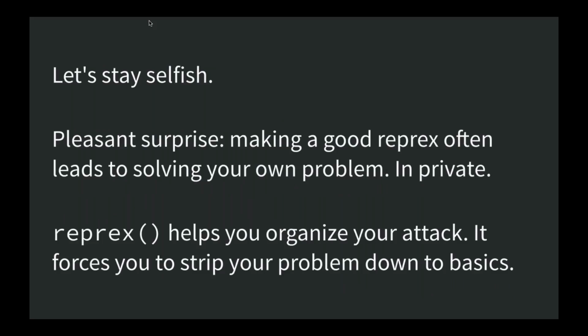And the last selfish point that I'll make is, it turns out when you sit down to make a good reprex out of your problem, and you keep it self-contained, you strip down your giant hairy data set to the smallest data set that reproduces the problem, it is amazing how often you end up answering your own question in the privacy of your own home, and you didn't have to make yourself vulnerable to other people. So this is a great revelation. And I think the reason this works is that when you have a problem, it's very easy to just keep going in circles and banging your head against the desk.